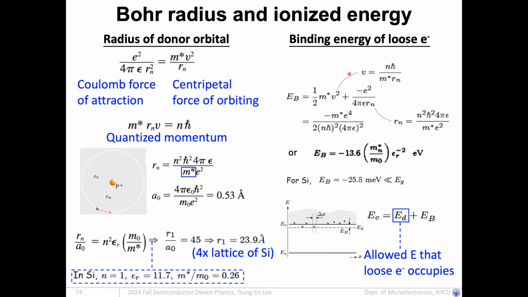As you see, that is determined by the effective mass of the electron or hole. Because the effective mass of the electron is lower, this value is also lower. Hole is a bit higher.